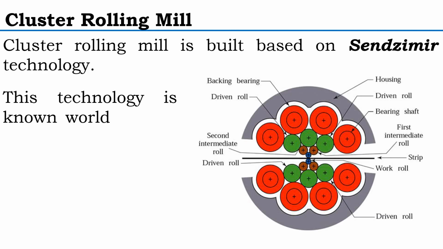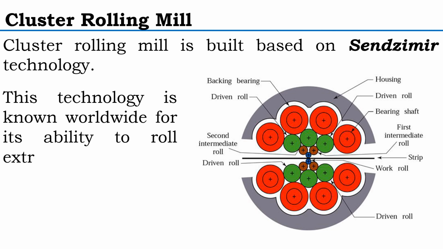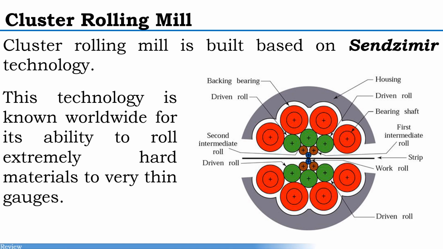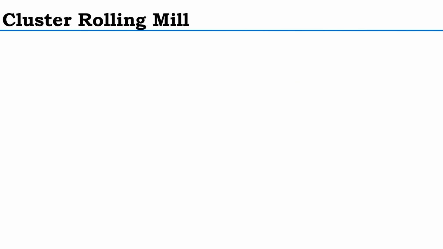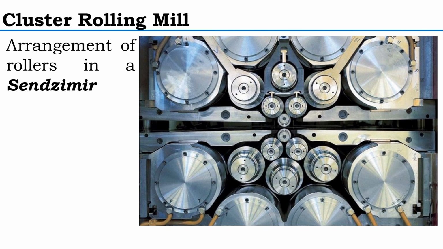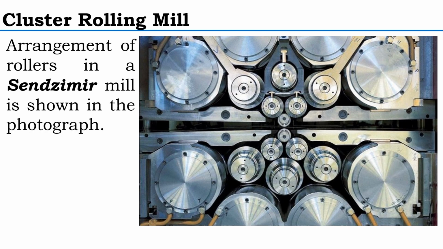This technology is known worldwide for its ability to roll extremely hard materials to very thin gauges. Arrangement of rollers in a Sendzimir mill is shown in the photograph.